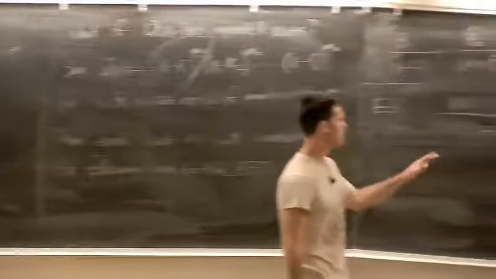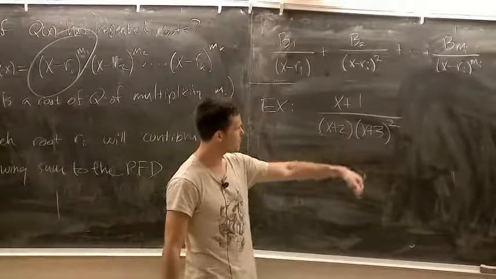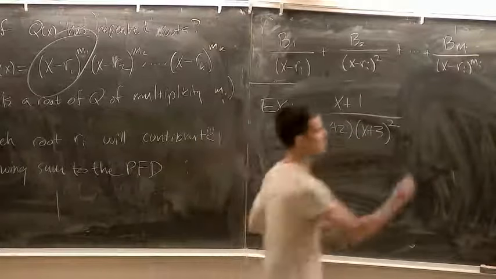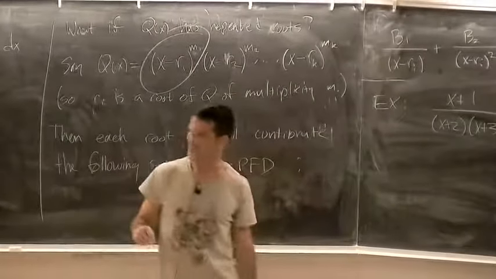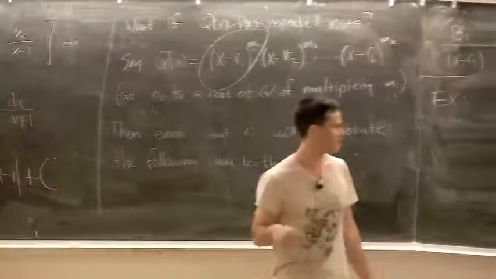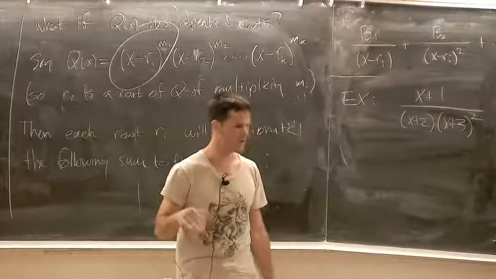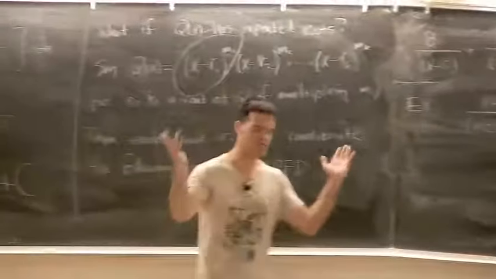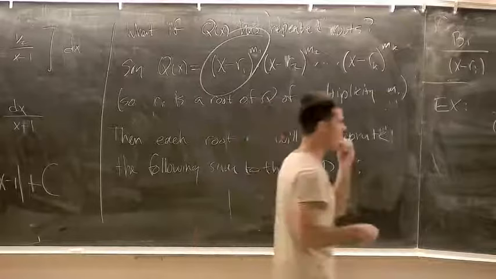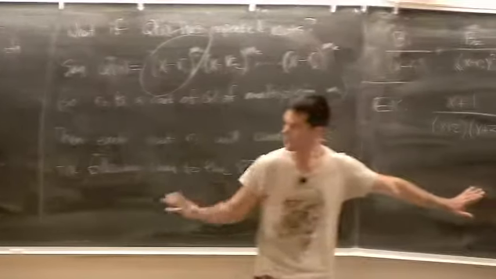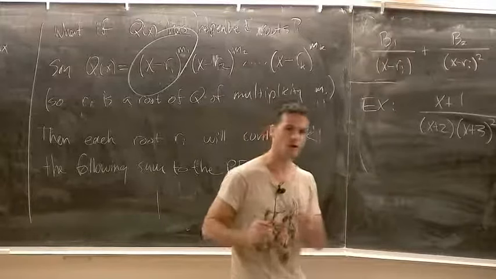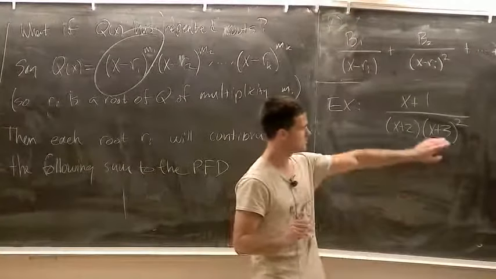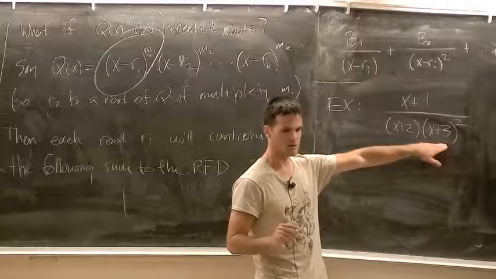The bottom is degree 3, the top is degree 1. This is proper. Later on, I don't think I'll get to it today, but on Friday I'll show you what to do in the case that it's not proper. Basically, you just do long division till it is proper. But since it is proper, we can apply the machinery that we built up so far today. And we do have a repeated root, the x plus 3 term.